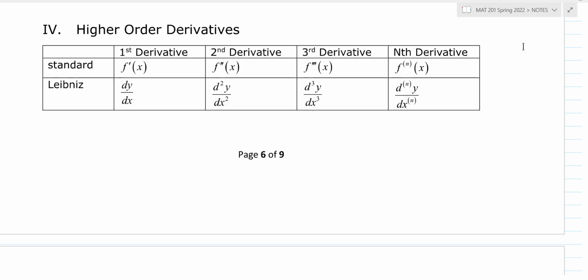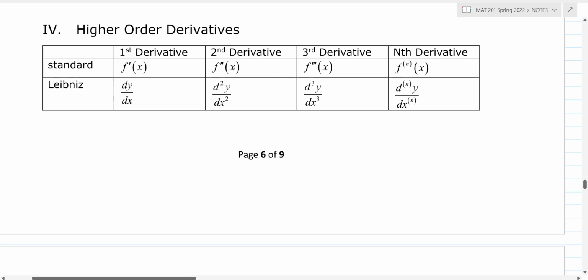Beautiful ending. Okay, so what we're going to do is look at higher order derivatives. We've already talked about the second derivative, but we haven't really gone much beyond that. The notational system is f prime for the first derivative, Leibniz dy over dx.